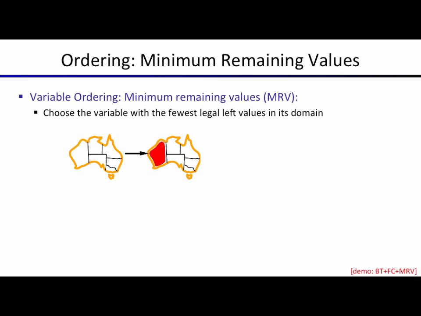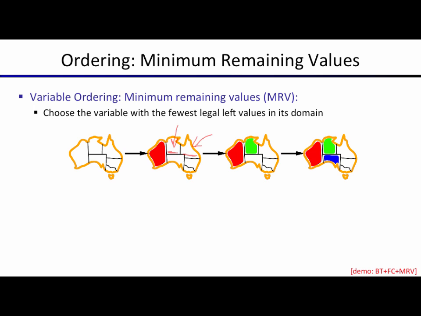So let's say we go to our favorite, Western Australia, and assign it red. Now we have a choice, right? Now we have to talk about which variable to assign. Here's the question. Let's compare this one and that one. How many values does this one still have left? 3. How many values does this one have left? 2. So we're going to go to this one and assign it not red, but green.